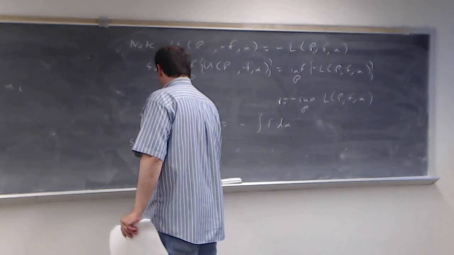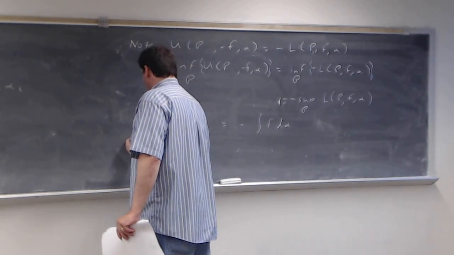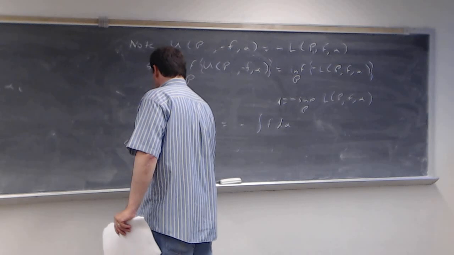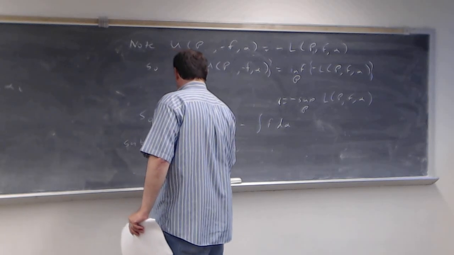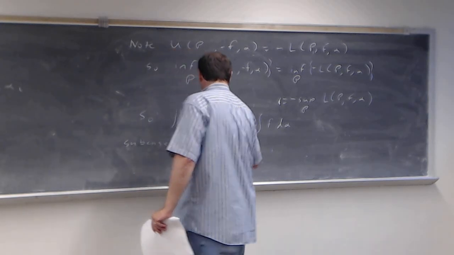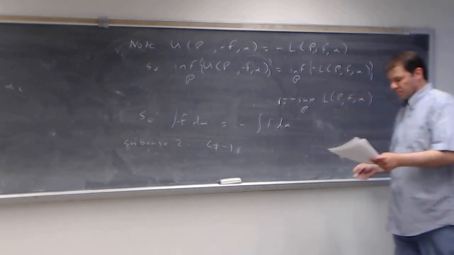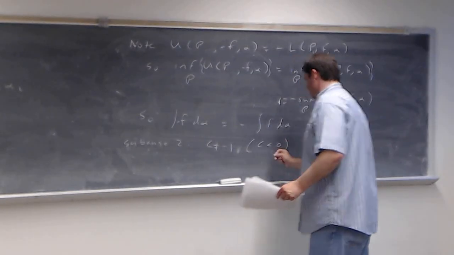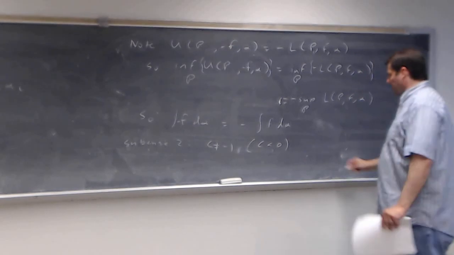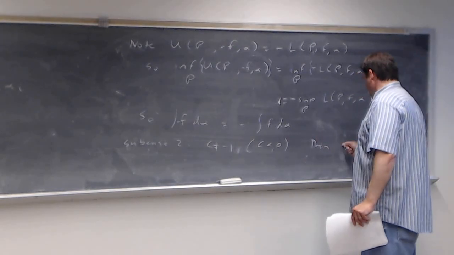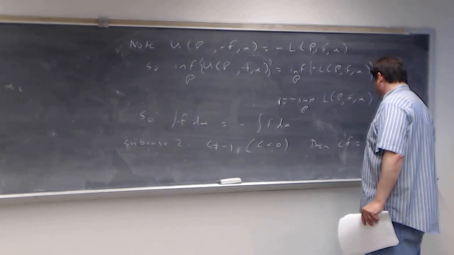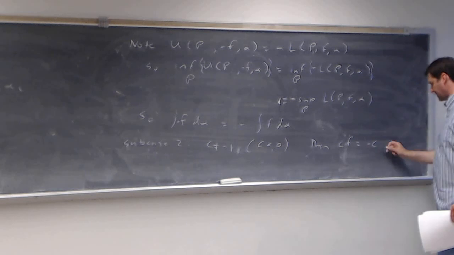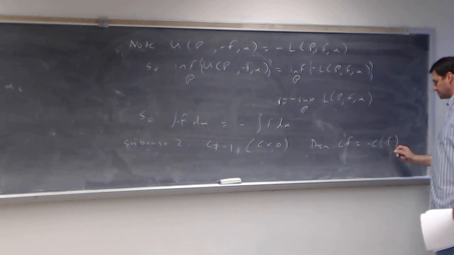So this is subcase 2, and that has to do with C being different than minus 1. Remember, we're assuming C is negative. Then what we do is we do this very slick thing. C times f is really the same thing as minus C, which is a positive number, times minus f.